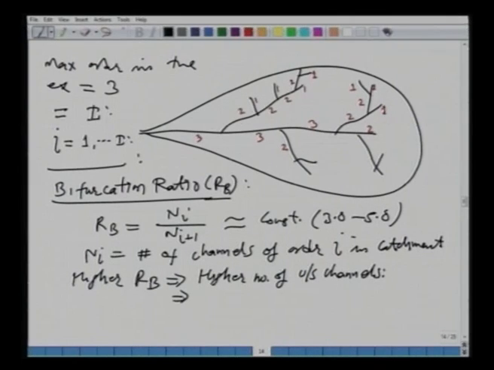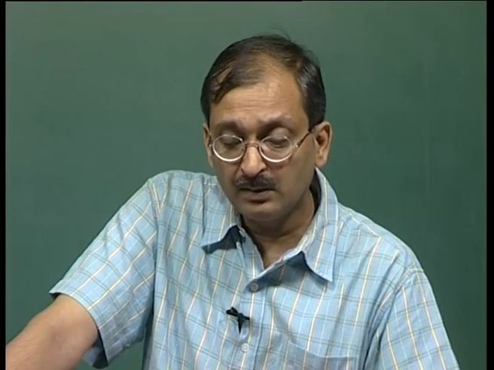If you have more number of channels, the catchment will be able to drain water very quickly and efficiently, right. So, higher the RB, you will have good drainage capacity of your catchment. So, by looking at this bifurcation ratio RB, we would be able to say something about the hydraulic efficiency of a catchment, or we can compare the two catchments.